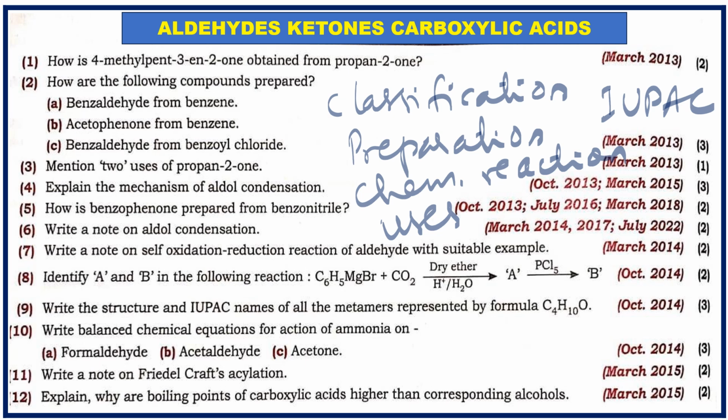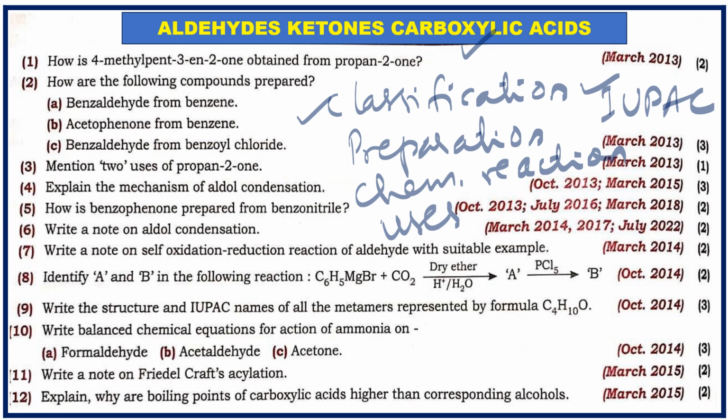Simple ketones, mixed ketones, their examples one should keep in mind. In IUPAC nomenclature, aldehydes and ketones have a simple method, whereas carboxylic acids have a bit more complicated nomenclature process. So you have to practice well so that there will not be any confusion while writing the final answer.